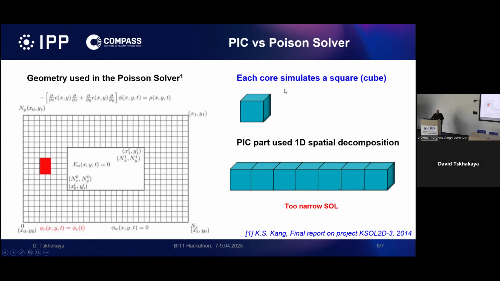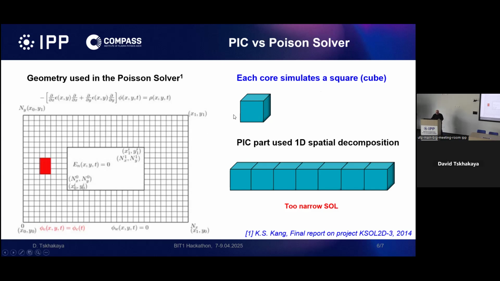The idea was that we needed to have squares, so each core has to simulate a square, or a cube if it was 3D, while the PIC rest was using 1D decomposition.